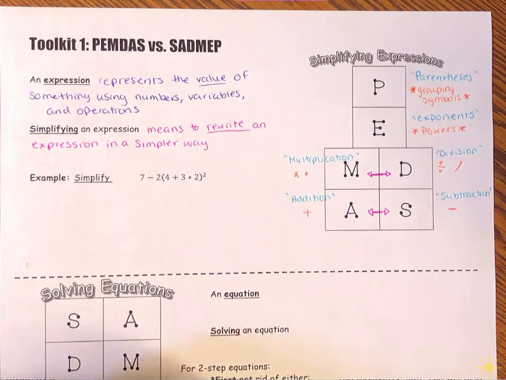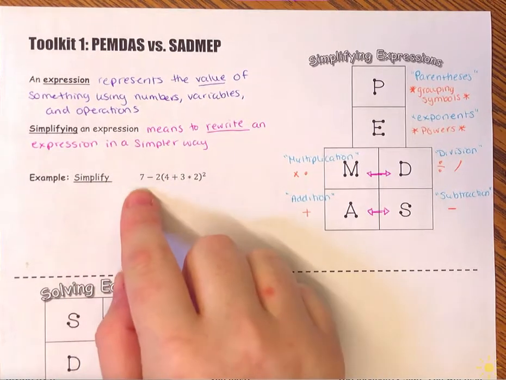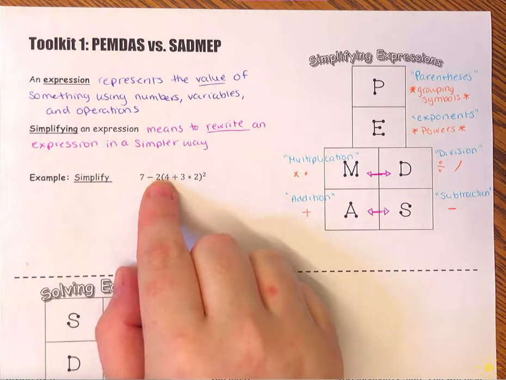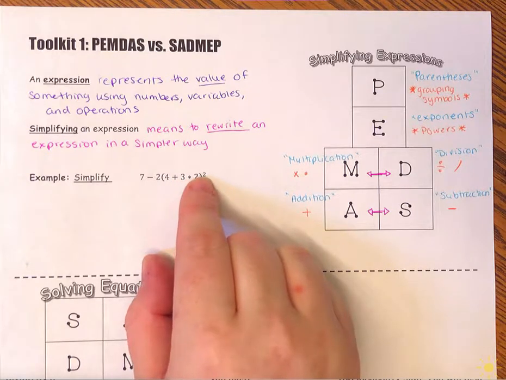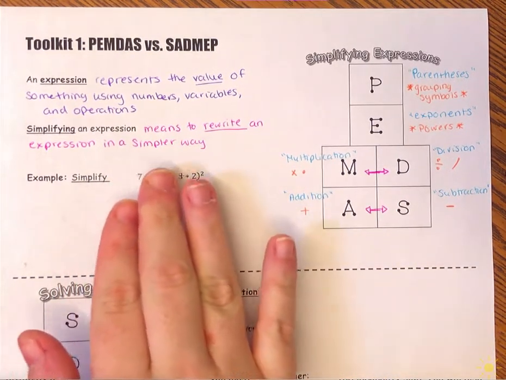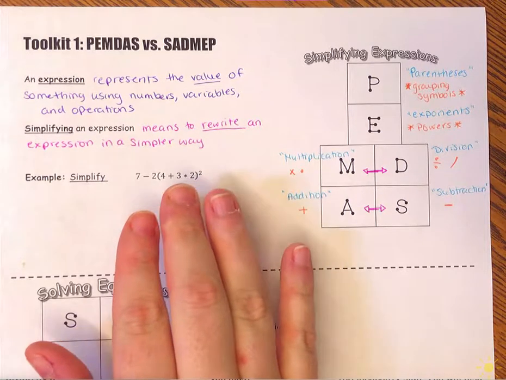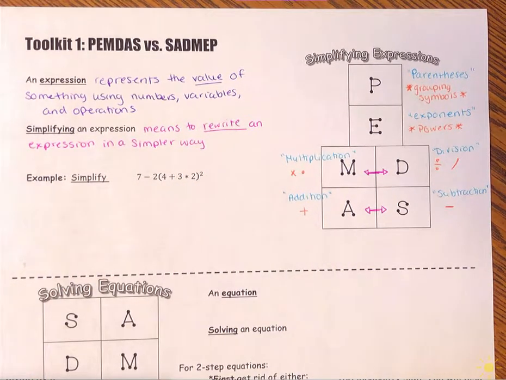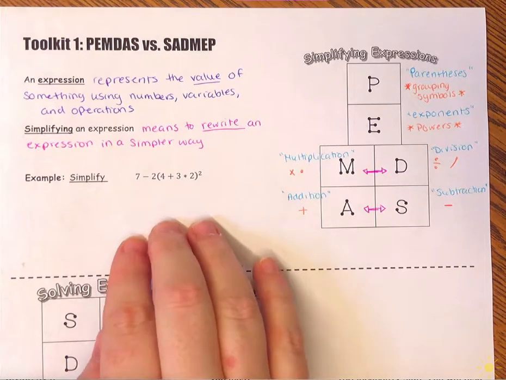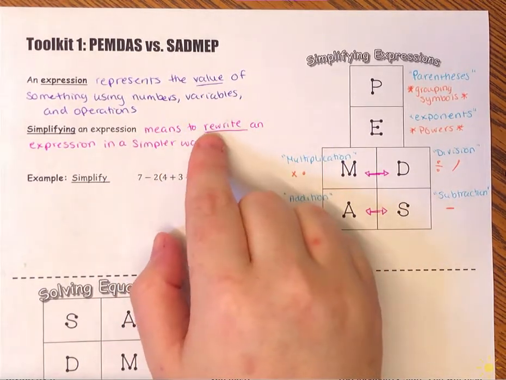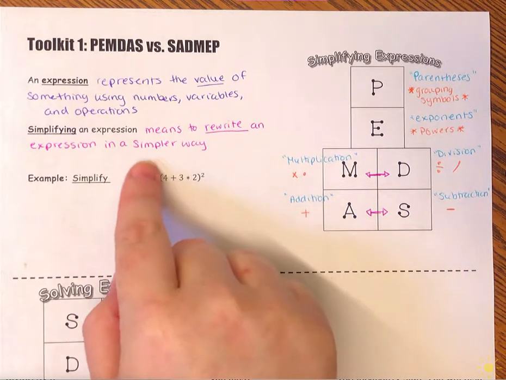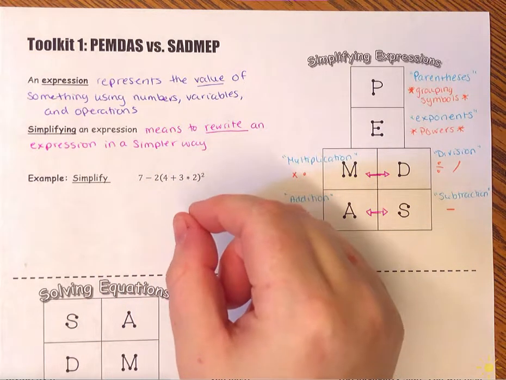So an example of this says to simplify 7 minus 2 parentheses 4 plus 3 times 2 close parentheses squared. We have a lot of information in here, but there is a much cleaner way that we can write this. We want to simplify this all the way down so we only have to see one number. When it says to rewrite an expression, we want to get it down to as smallest as possible.